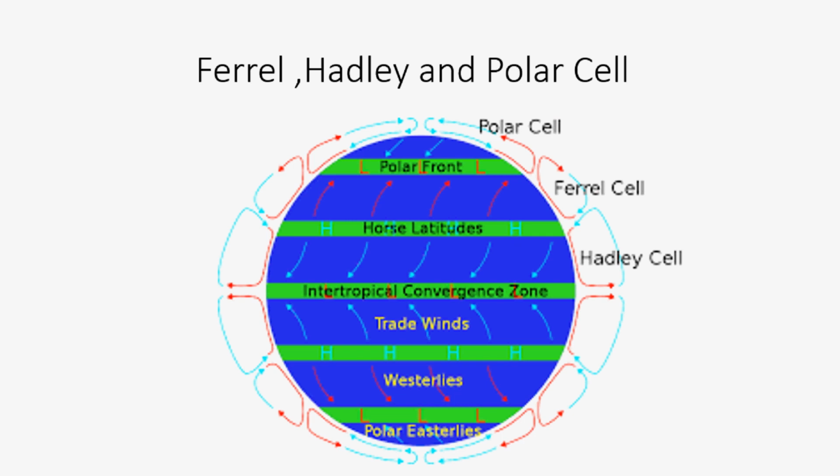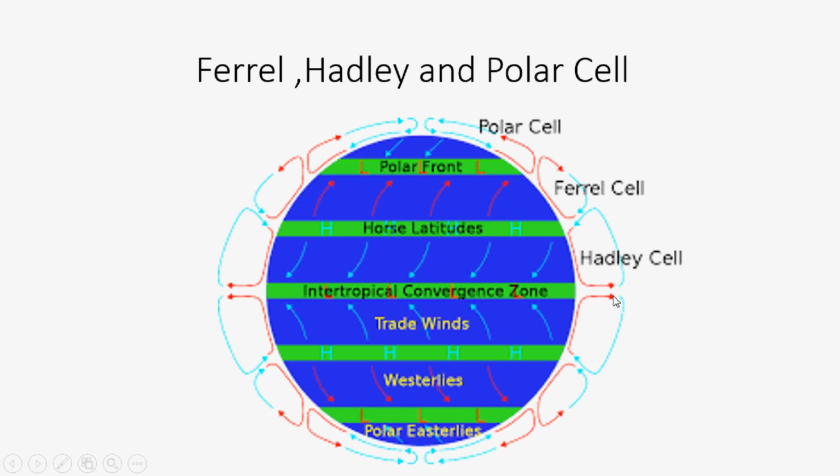Ferrel, Hadley, and polar cells lead to the generation of planetary winds. As you know, at the equator, which is shown here as the intertropical convergence zone, we get an intense amount of heat because the sunlight falls directly on the equator, due to which the air gets warmer and rises up in this direction.